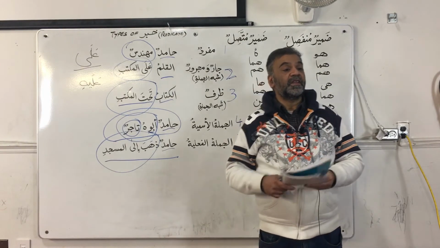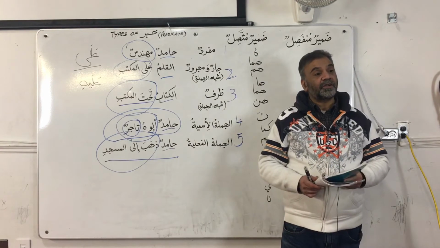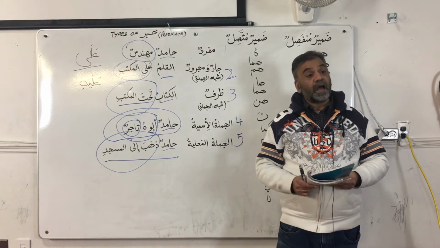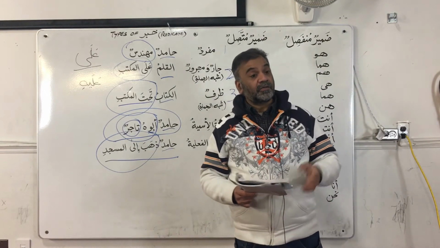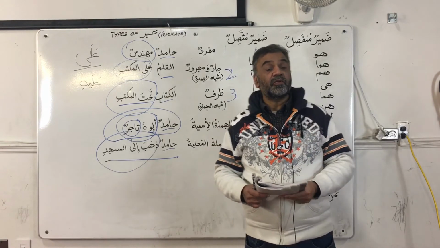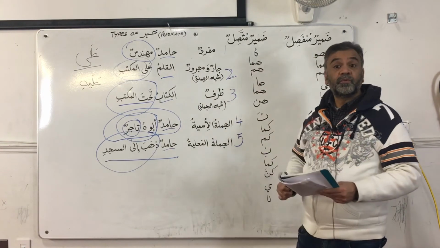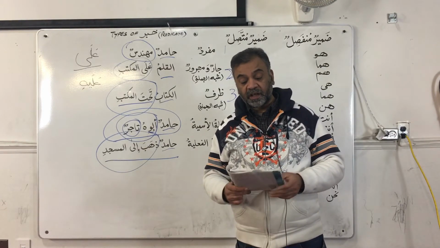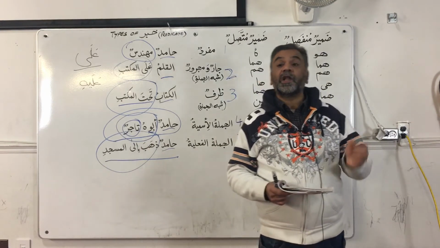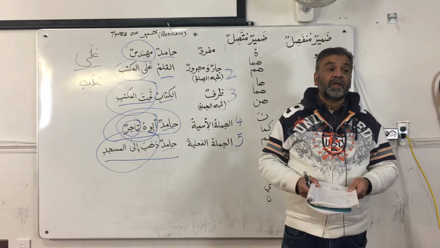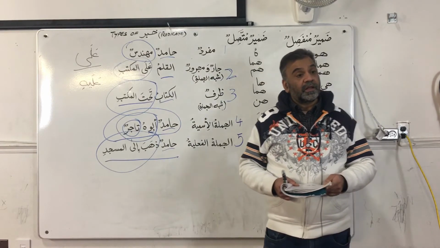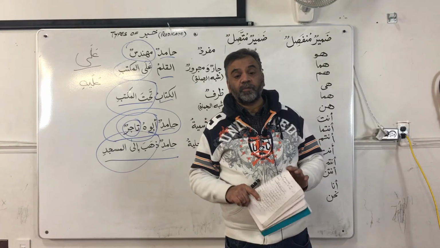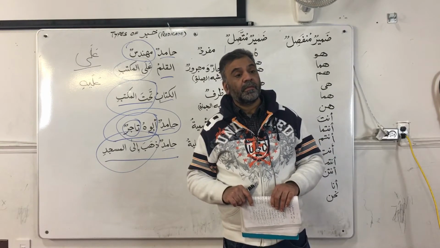Next one, hazar rajalu tajirun kabirun. This man is a big merchant, and now we are telling about his name, ismuhu, because we are talking about a masculine gender here, ismuhu Abdullah. Now, here is my question. Abdullah is a very common name.